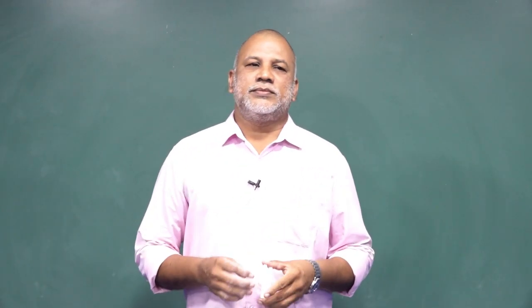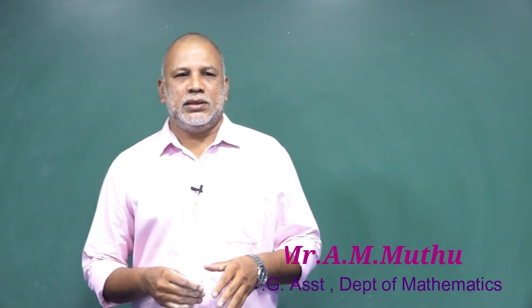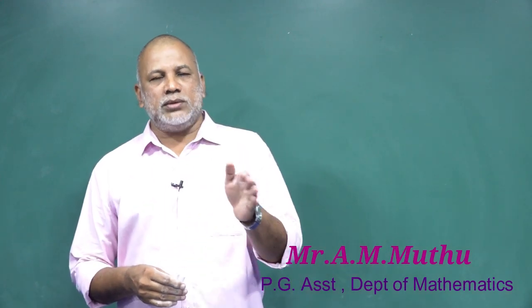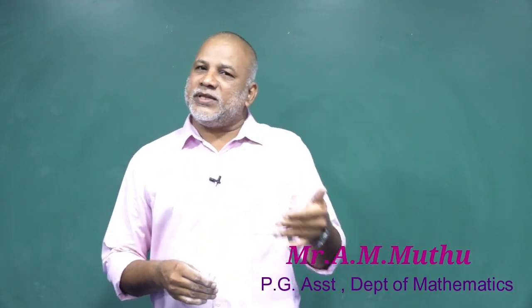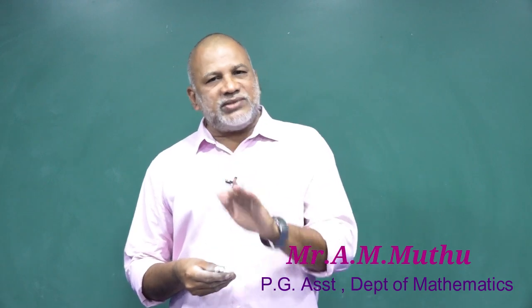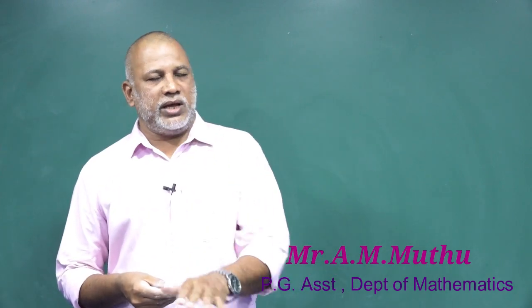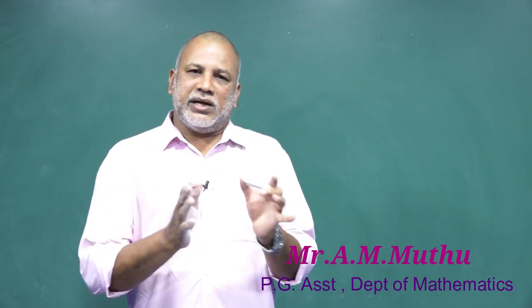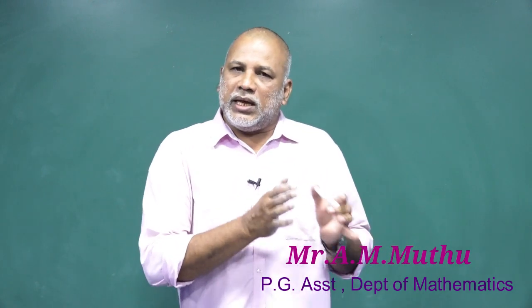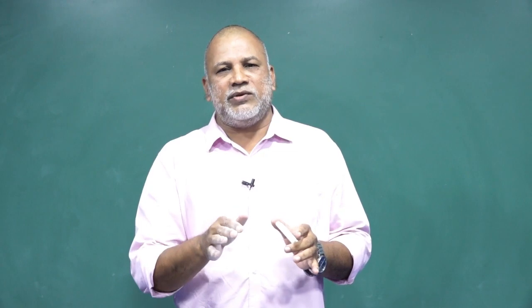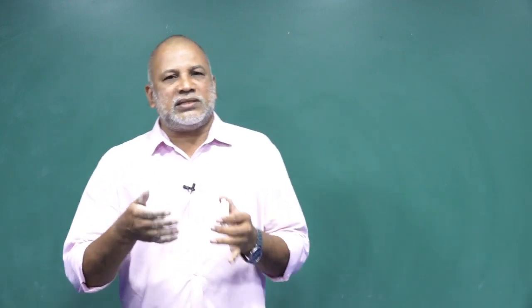Good morning, students. So far we discussed the standard equation of the parabola, types of the parabola, and tracing the parabola y squared equal to 4ax, and you are getting 4 types of parabola. In those 4 types we derived 7 results. What are the 7 results?